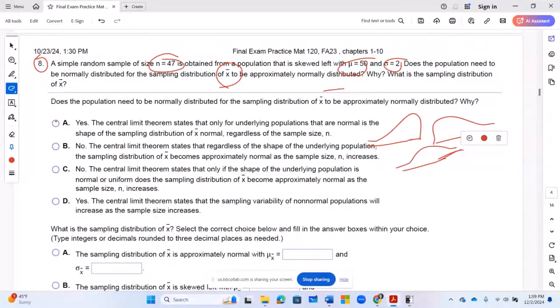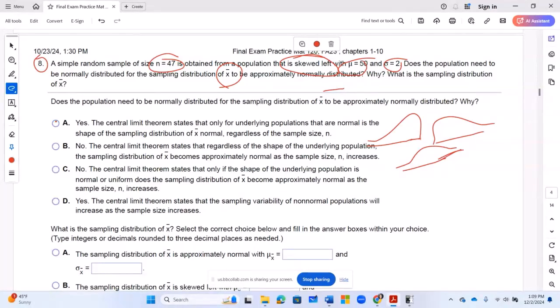It doesn't matter if it is skewed left, because those who didn't pay attention in class last semester said no, it cannot be because it's not normally distributed. As soon as I see that, it means that the person never paid attention. That's all. Because the central limit theorem says it doesn't matter whether the original data is skewed left, skewed right or normally distributed.